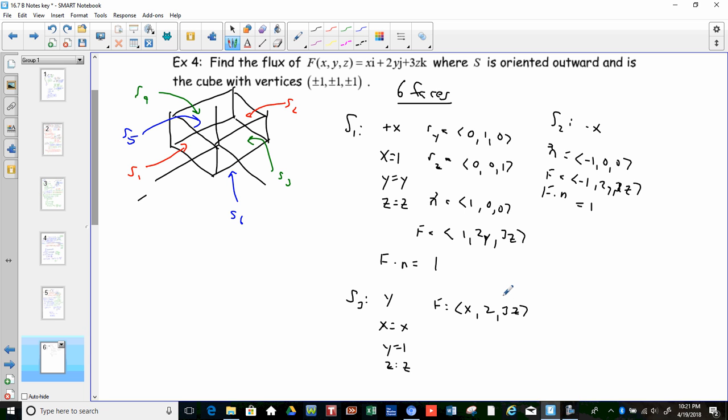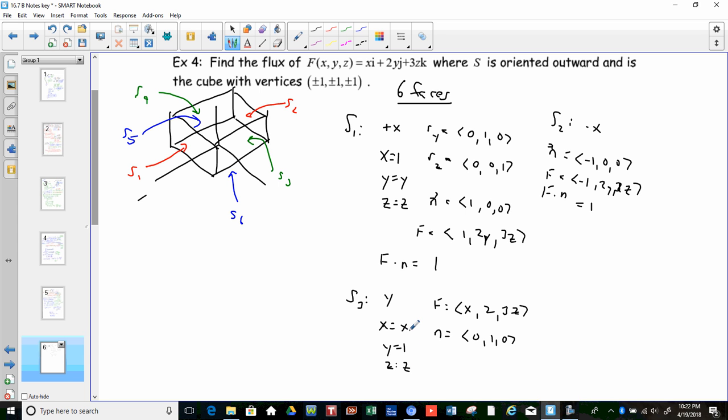We're going to need f dot n. Oh, I forgot to do n. Let's do n real quick. So our normal vector, in this case, let's see. Normal vector is actually just going to be 0, 1, 0? Because if you take the partial of these things with respect to x, that's going to be 1, 0, 0.